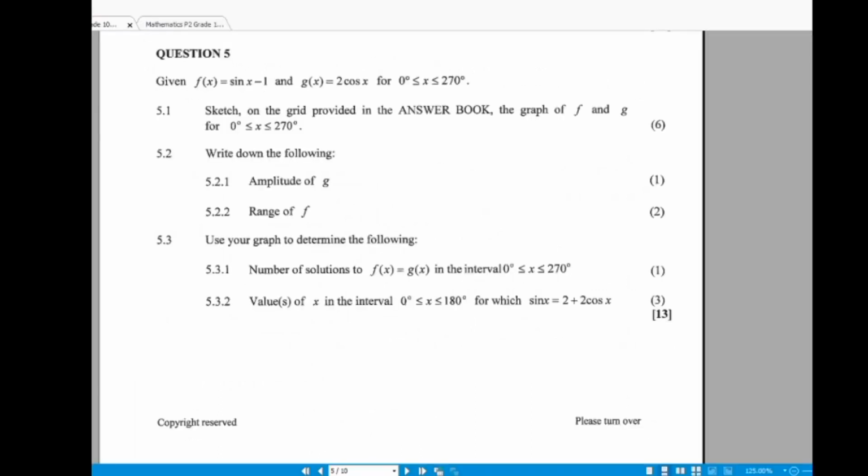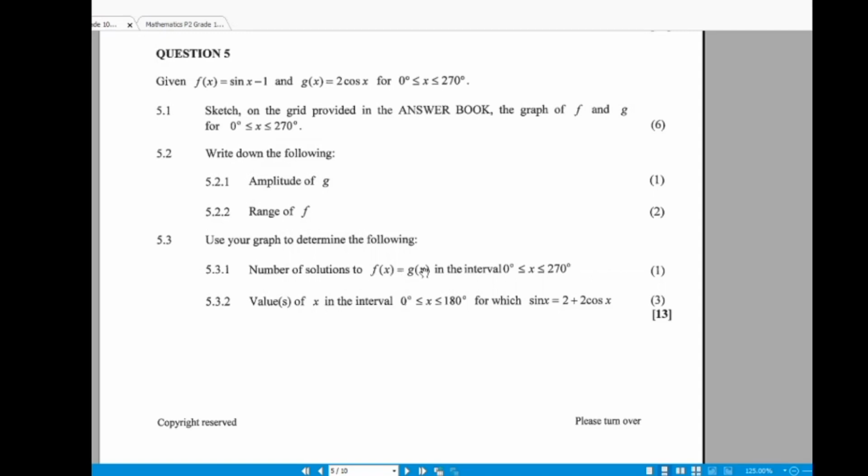And then now use the graph to determine the number of solutions to f of x equals g of x in the interval 0 to 270, right? So in other words they are asking how many points of intersection there are.